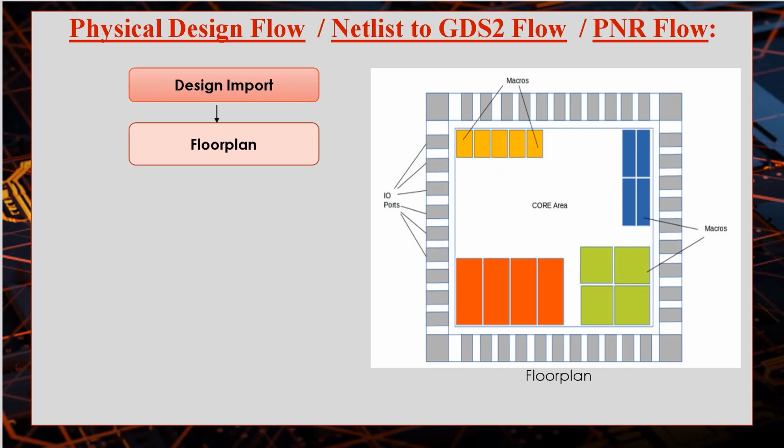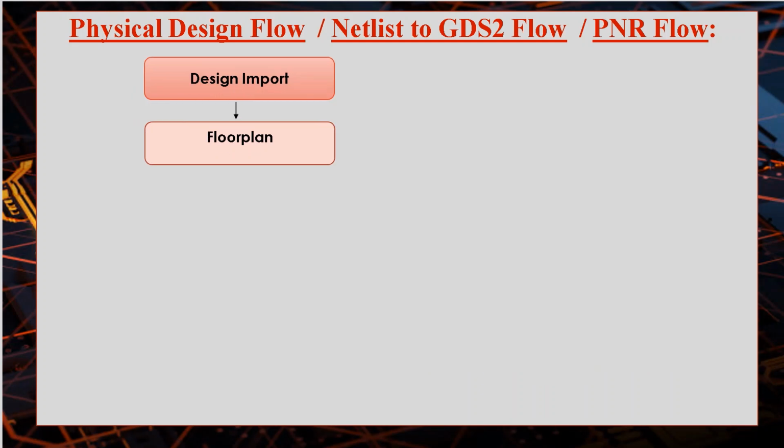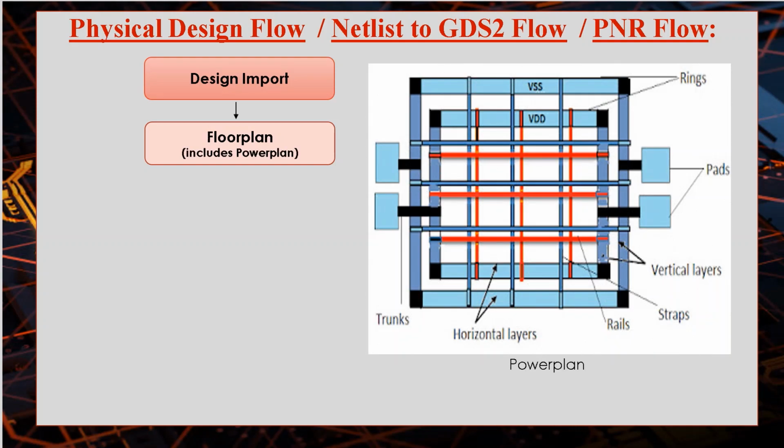The other steps in floor plan include adding halos, adding the end cap cells, adding well tap cells, adding blockages in the macro channel, etc. Floor plan also includes power planning. The main aim of power plan is to supply the required amount of power uniformly to all the cells.